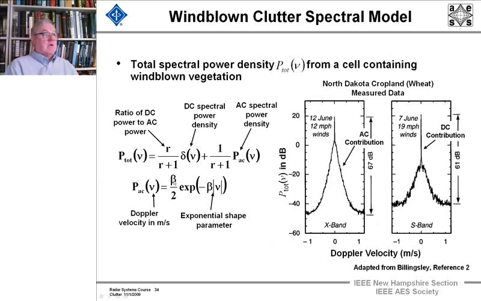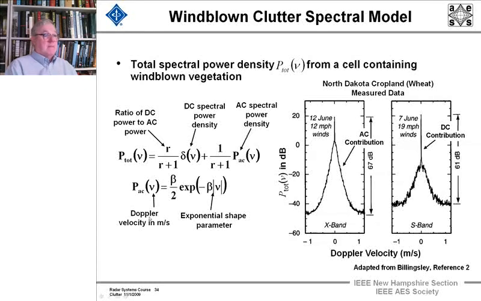And that can be easily broken down into two pieces of the distribution. A piece that's the AC part, and a piece that's the DC part, with R being the ratio of the DC power to the AC power, and DC spectral density, which is a delta function, and the AC spectral power density.